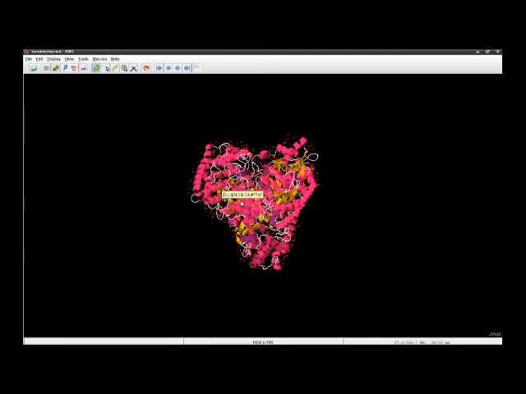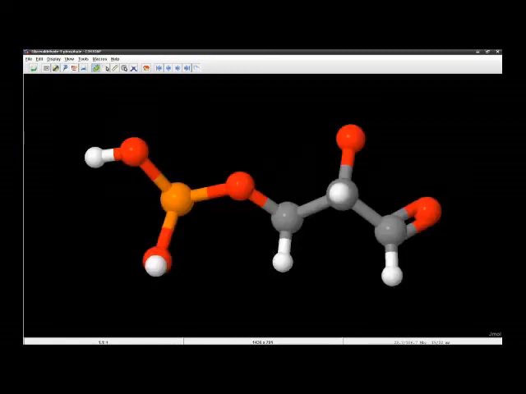For instance, glyceraldehyde 3-phosphate, a very important molecule in the entire cycle, as shown here, feeds into amine synthesis and several other very important cycles. Some of the primary functions of the pentose phosphate pathway are that it generates reducing equivalents such as NADPH, and it produces ribose 5-phosphate, which is used in synthesis of nucleosides and other nucleic acids.